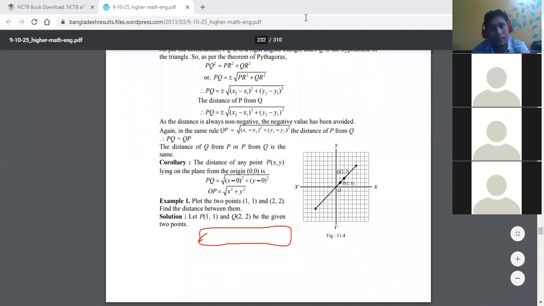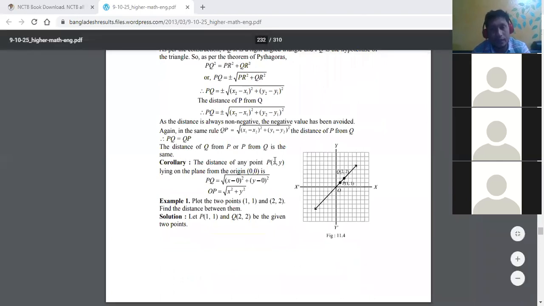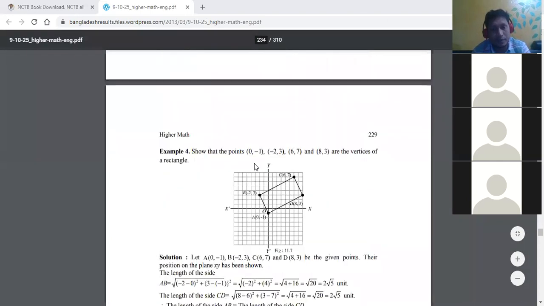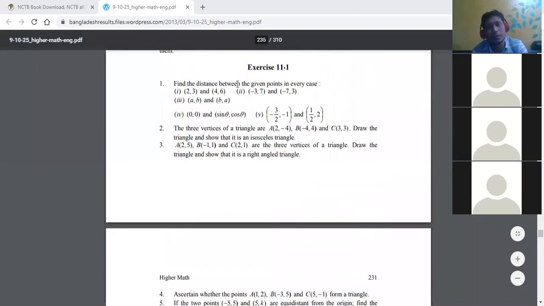Now, let us consider two points and find the distance between them. In the exercise we can solve various maths if you know the basics. Suppose the first one says 2, 3 and 4, 6. What is the distance between them? Just give a square root sign. Find the distance with me.